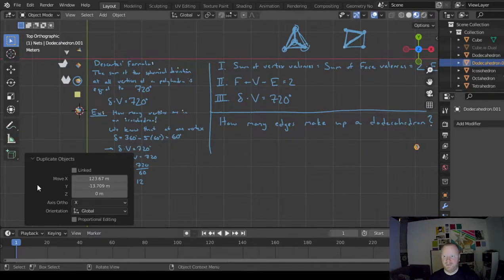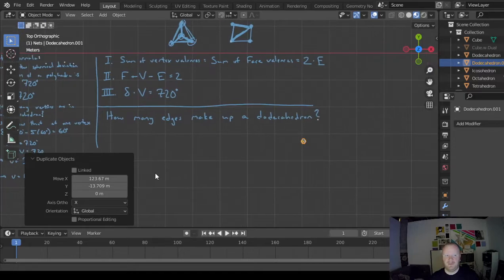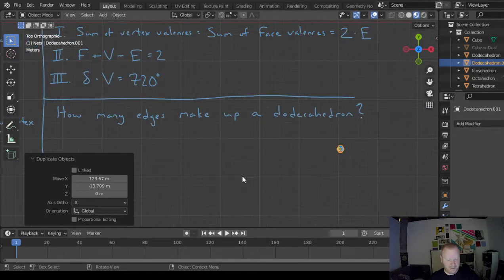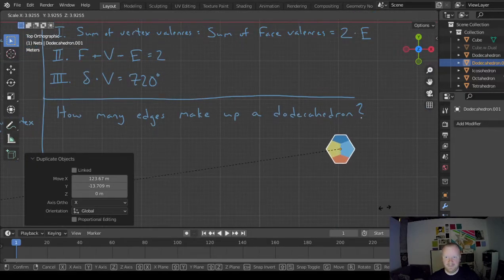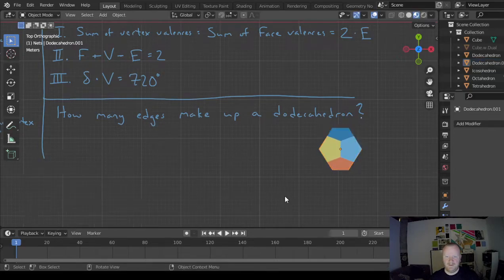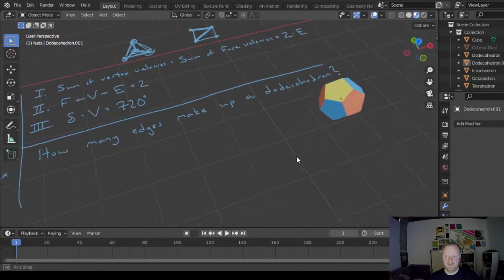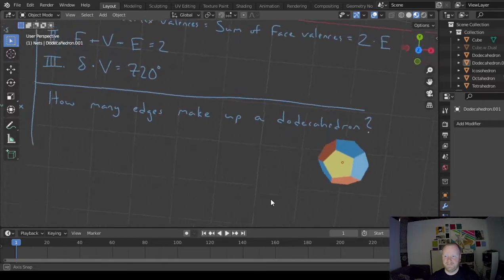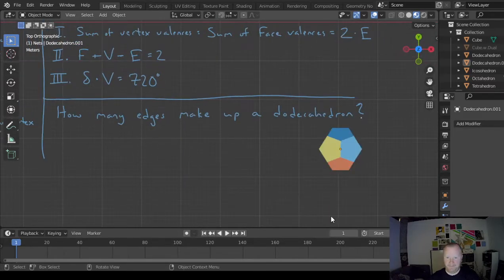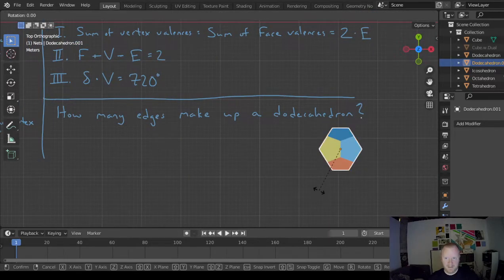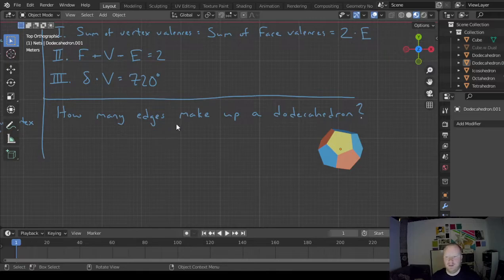So you want to be prepared to tell me what a dodecahedron looks like without having one available necessarily. Okay. So here's our dodecahedron. I'll maybe rotate it to a little more pleasing angle. Okay. So how many edges make up a dodecahedron?